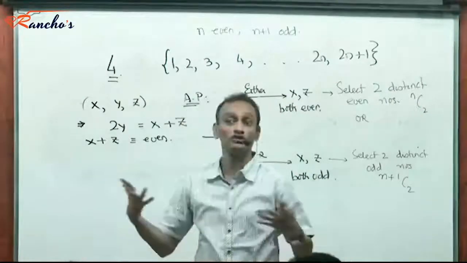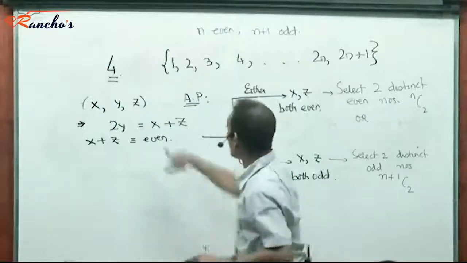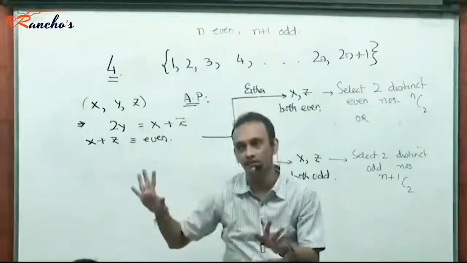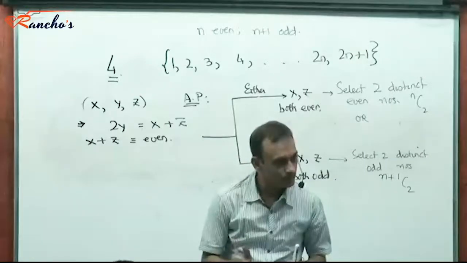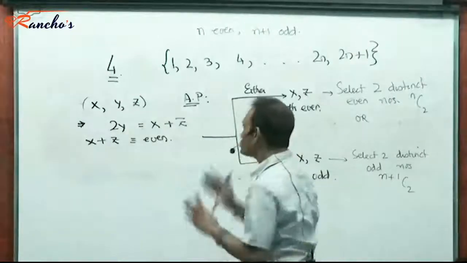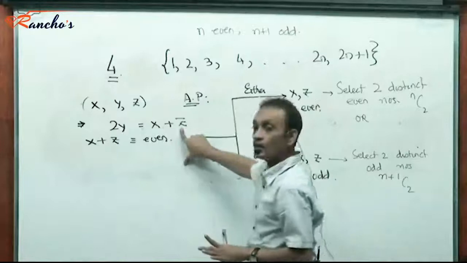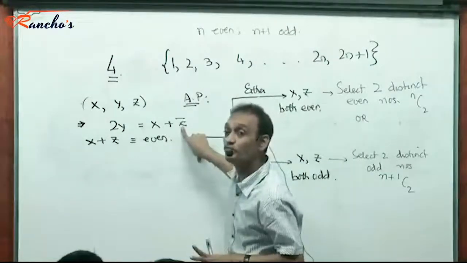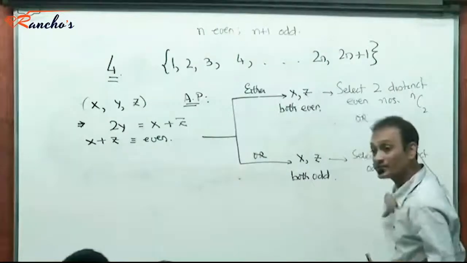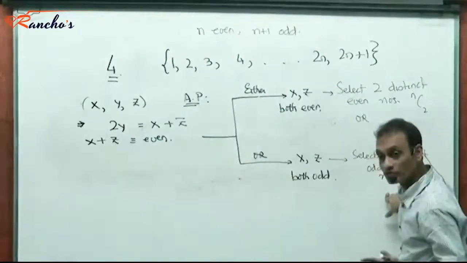You just have to focus on selecting x and z, because y then gets automatically selected. It's exactly halfway between x and z. So it's about selecting x and z both even, or x and z both odd, in these many ways. This is what the problem reduces to.